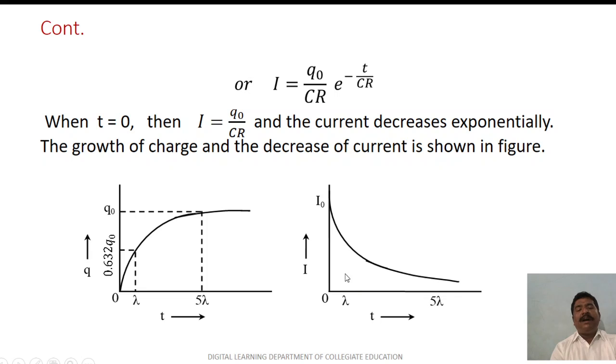Initially the current is at its maximum, and it goes on decreasing with respect to time. Looking at these two diagrams, we can see that as time increases, the current decreases, and the charge on the capacitor reaches its maximum value.